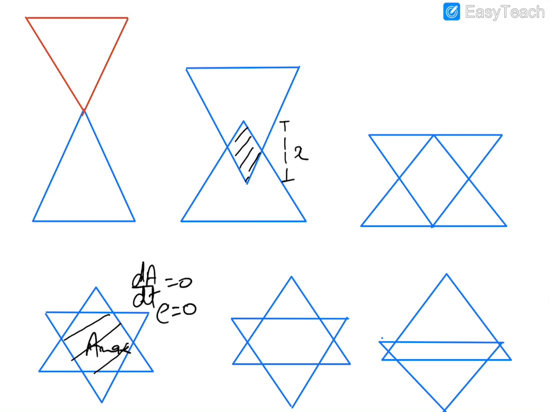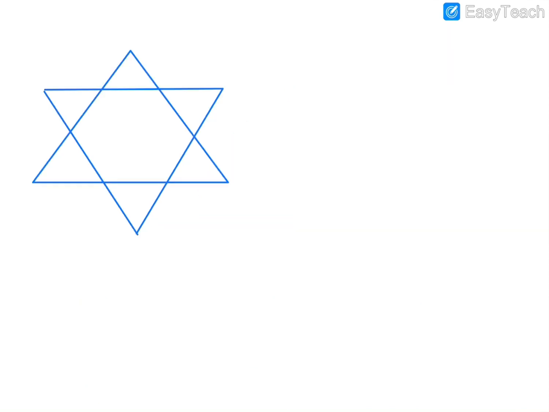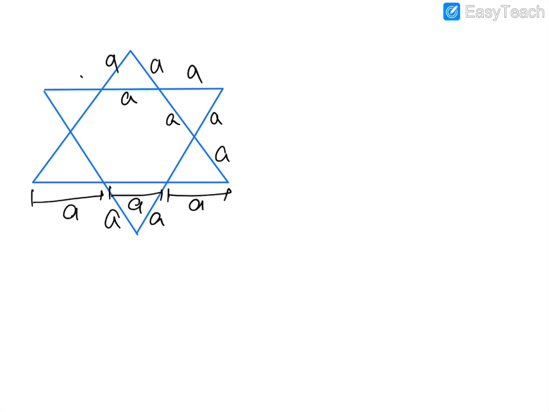So let us see, in this case when the area is maximum, let us suppose that this is a. These small triangles are equilateral, so all of the small triangles will have the same side, a. And we know that this side is 3a.